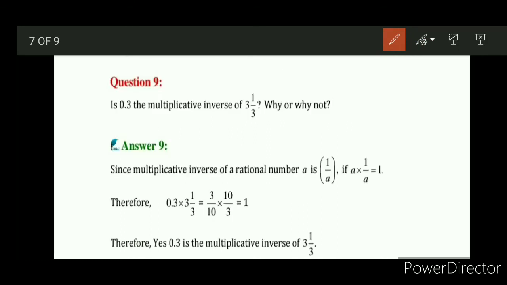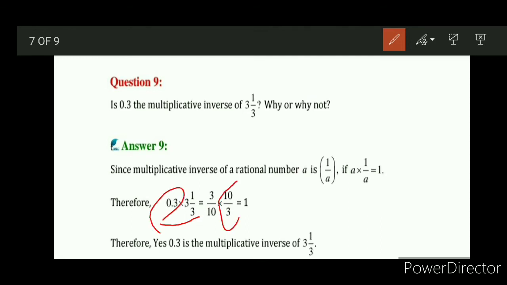We have another question. Is 0.3 the multiplicative inverse of 3 1 by 3? Why or why not? Again you write that condition. If a is the reciprocal of 1 by a, their product will be 1. The same condition we will use. We'll multiply these two. 0.3 and 3 1 by 3. 3 by 10 is the fraction form of 0.3.